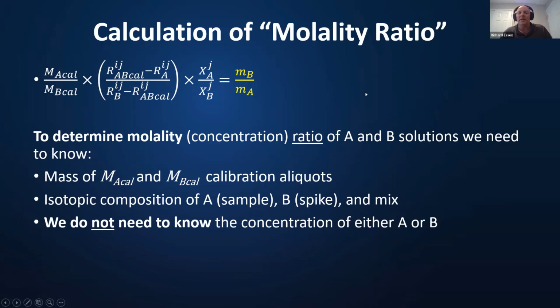If you can determine the relative concentration or the relative molality, moles per gram solution, of these two components of your IDMS, you don't necessarily need to know those absolute values. And that's pretty much what we've done in this case. I'll explain that a little bit more as we go on, but we could do a whole talk just on this issue.